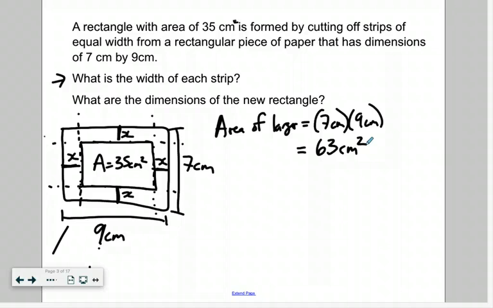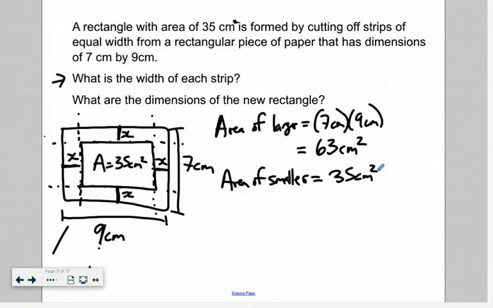We know the area of the smaller rectangle was given to us as 35 centimeters squared, which means that the area of the strips that have been taken off could be found by taking the larger minus the smaller.